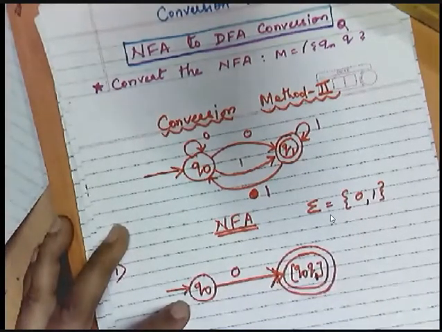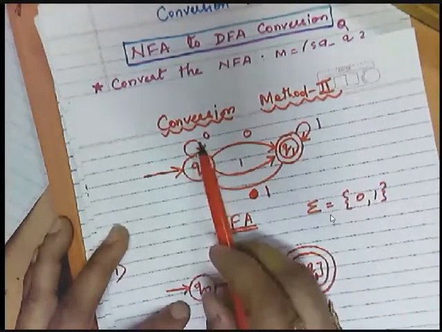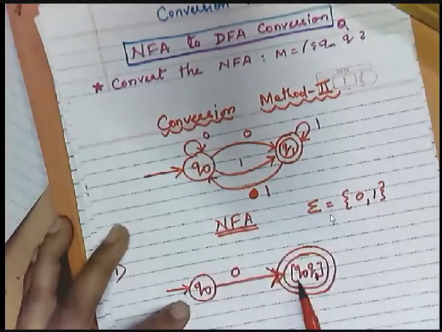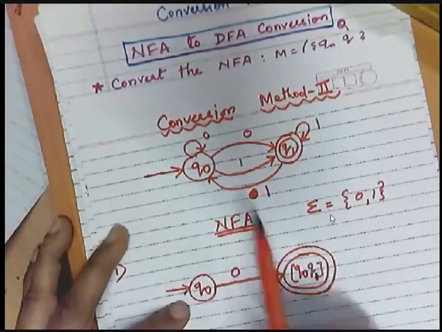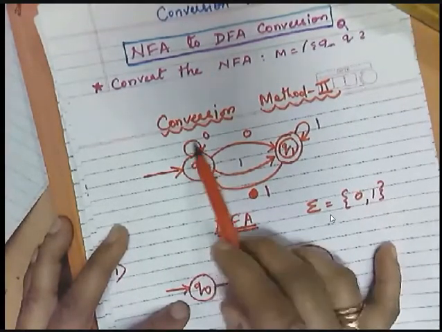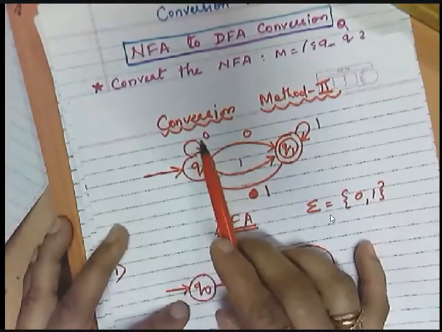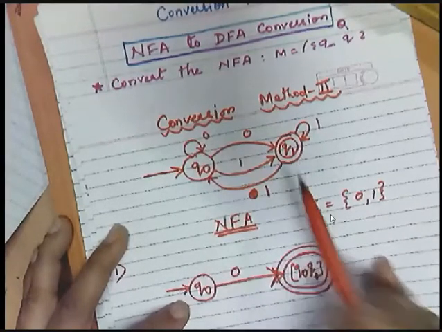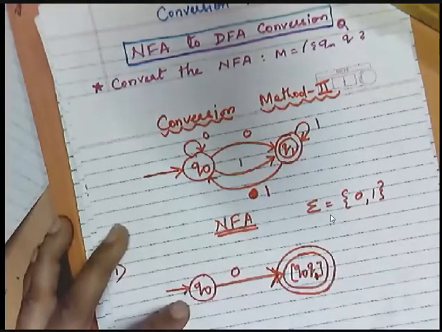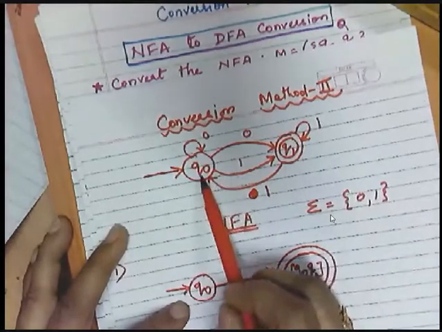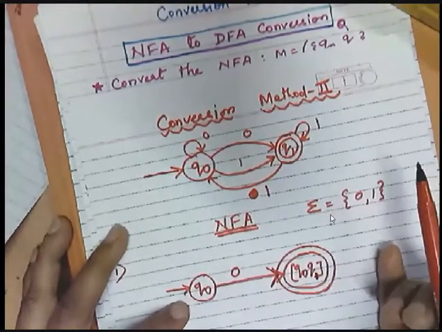So what I have done: I checked where Q0 on 0 moves, and accordingly nominated its state, which is the combination of all the states it is moving to by a single symbol. So it is moving to Q0, Q1. Next, Q0 on 1 moves to which state?